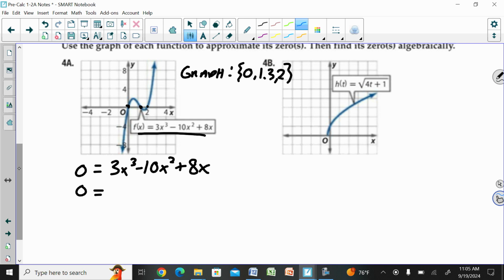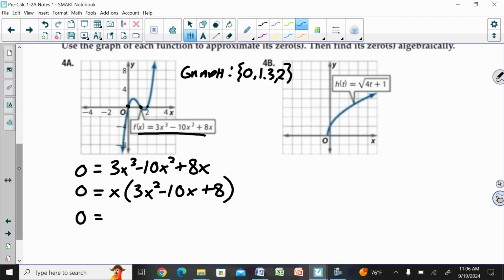It looks like an x can be pulled out here. So then I'll have 3x squared minus 10x plus 8 in parentheses. And going one step further, I've got x, and now this can factor: 3x minus 4 and x minus 2.